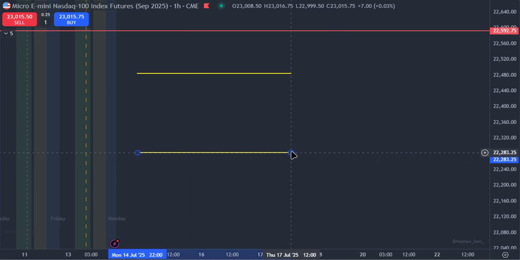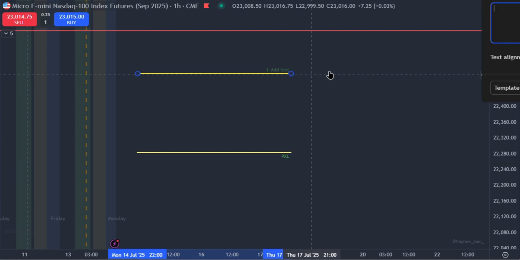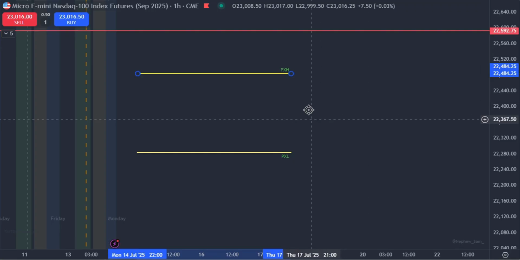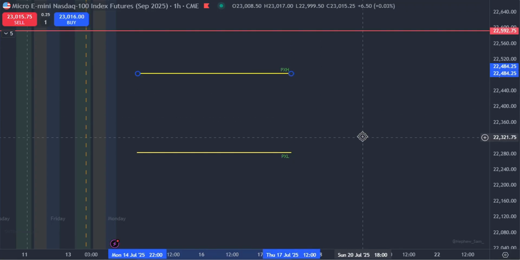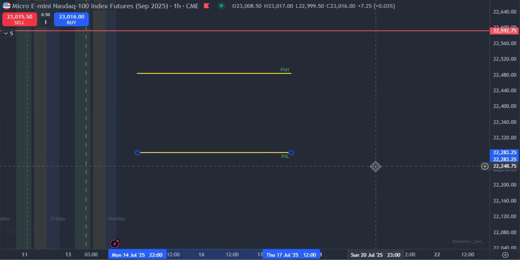So in the previous video, we went over PX low, PX high, right? X is a variable that you can change. So this can be a previous 90-minute cycle high and a previous 90-minute cycle low.